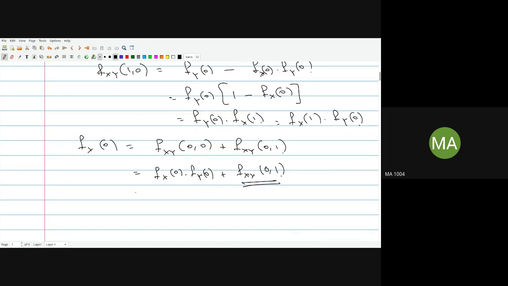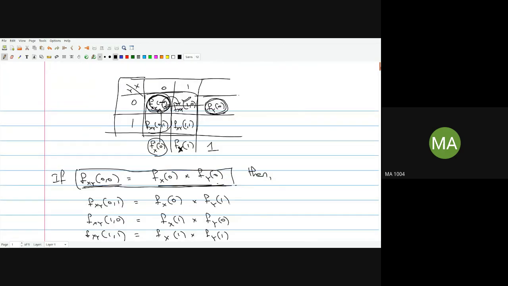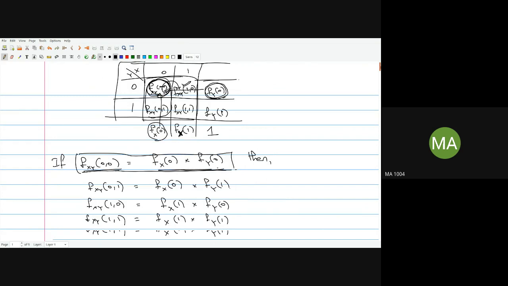If I want this, Fxy of 0, 1 is equal to Fx of 0 minus Fx of 0 times Fy of 0. If I take out Fx of 0 common, 1 minus Fy of 0, that will be Fy of 1. You can check Fy of 0, Fy of 1. If I add these two, it will be 1. So 1 minus Fy of 0 is Fy of 1.